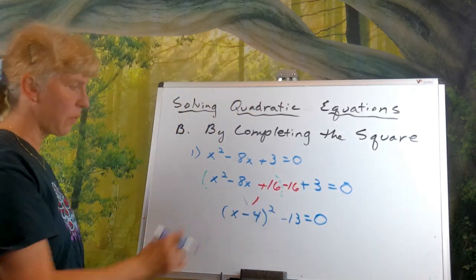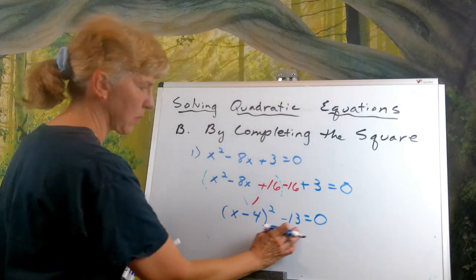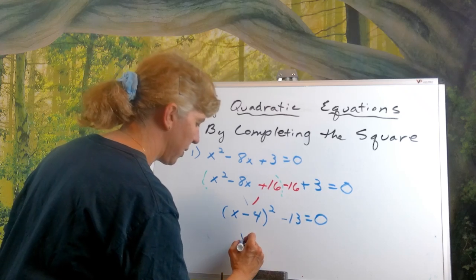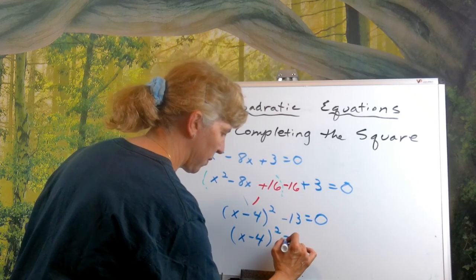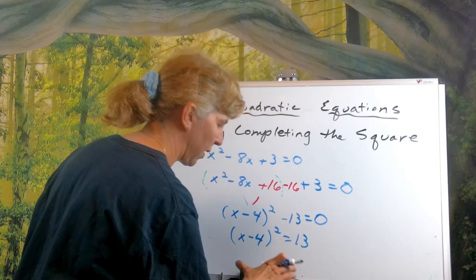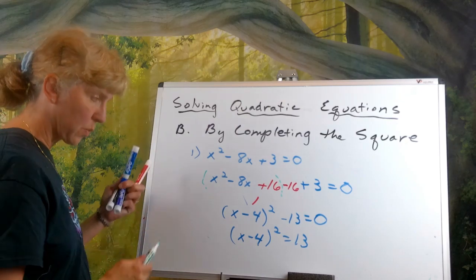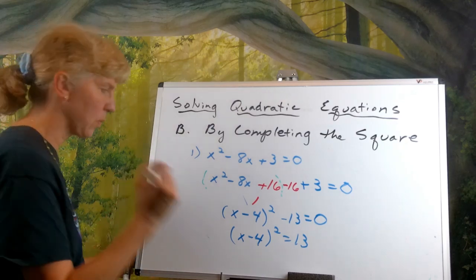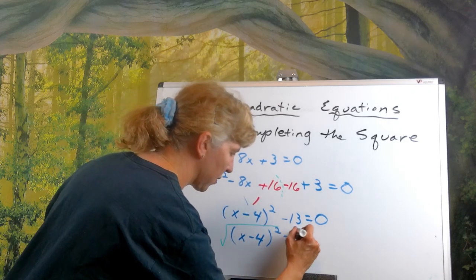All right, so now if I want to solve for x, if I want to isolate x, what I'm going to do is I'm going to add 13 to both sides. And then I'm going to square root both sides. Now when I square root both sides, I have to worry about the positive and negative result.